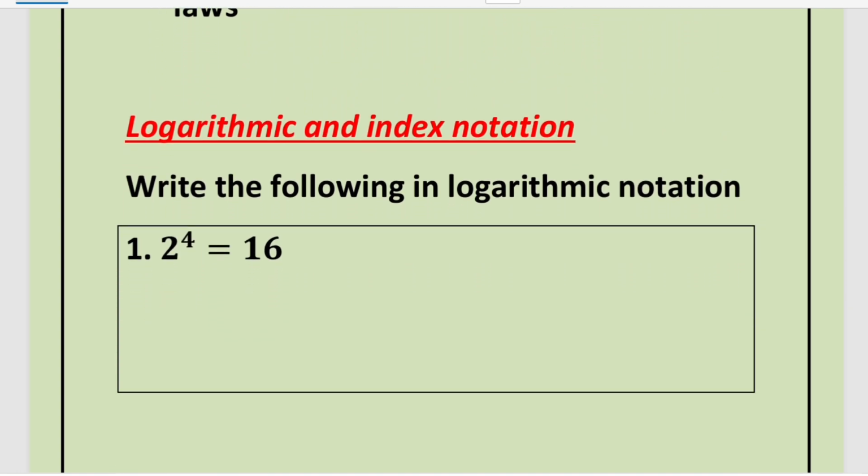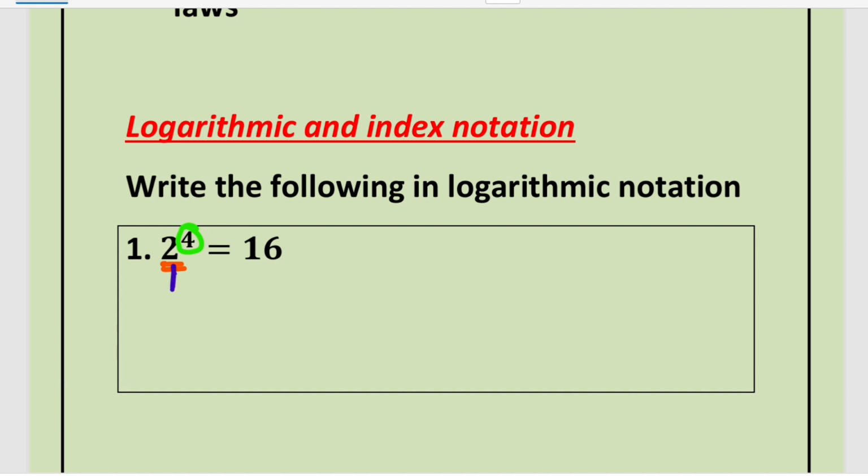In Form 2, we learned about indices, and we know how to express numbers in index. A good example is 2 raised to power 4 is equal to 16. This one is an index notation. Then we have the components of this index notation. 2 is the base, that is what was raised to power 4.